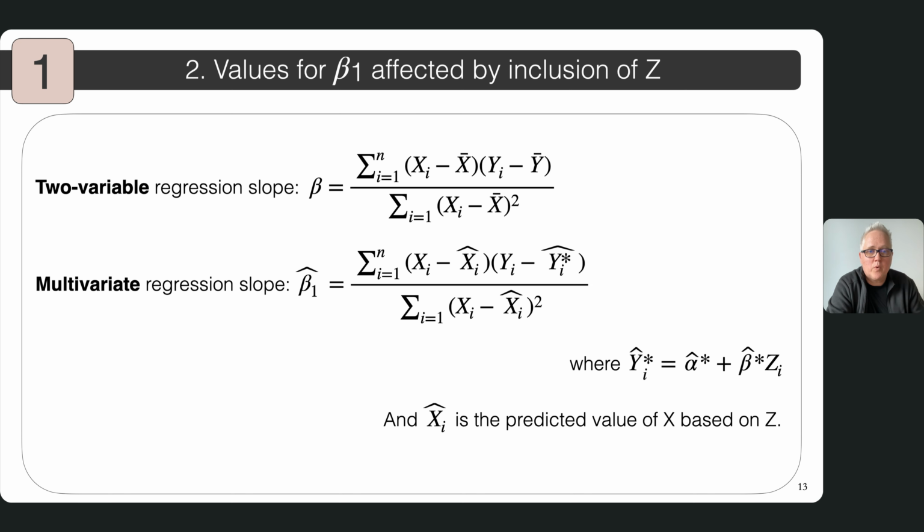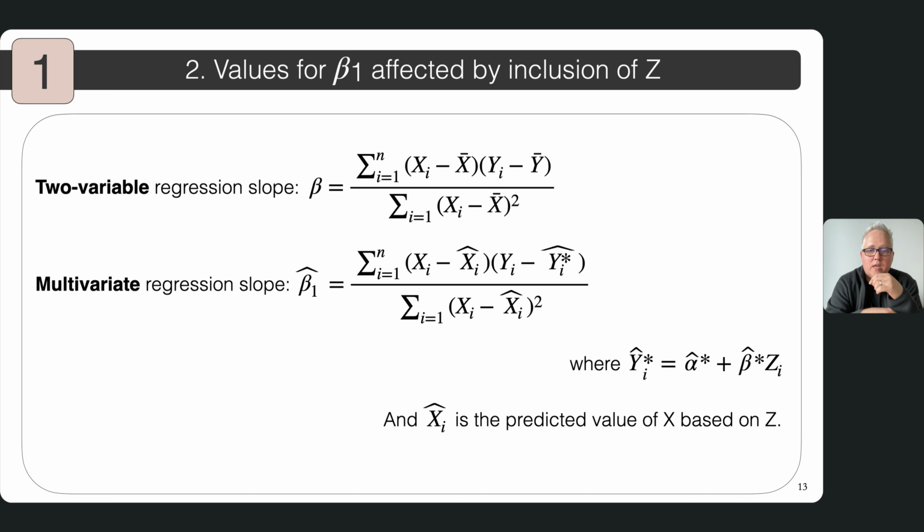In this 2-variable regression slope, you see that it's basically the sum of the differences between the observed value and the mean value of either your x or your y, over that squared term of x minus x bar. But with the multivariate regression slope, it is now x hat and y star hat over that xi minus x hat i.